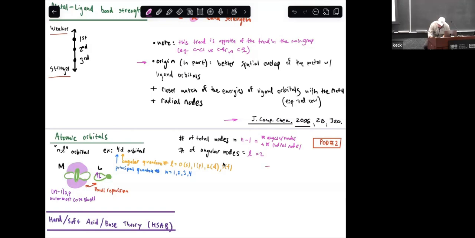And so for this question, just to directly jot down what Julian just told us, with 4d we've got 3 total nodes. We have 2 angular nodes, and we have 1 radial node.